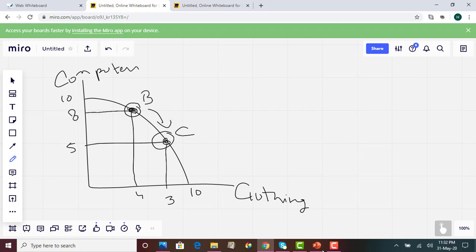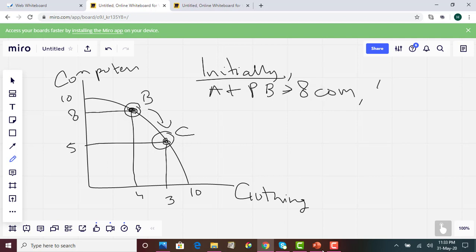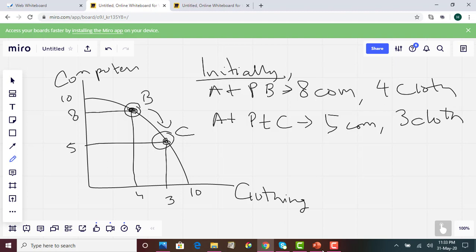So the economy is initially operating at point B. At point B, we have 8 computers and 4 clothings. Now they want to move to point C, which has 5 computers and, I'm sorry, this is going to be 7 clothings, not 3.